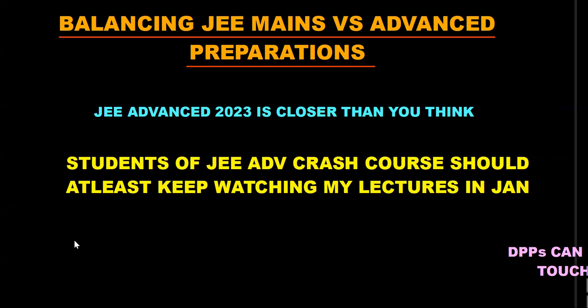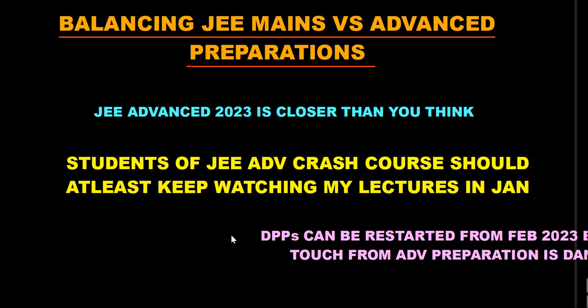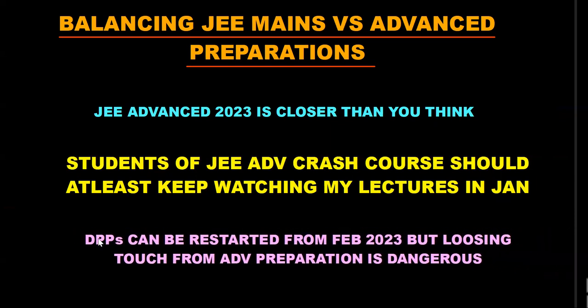The DPP part, if you are not finding time because you are preparing for Mains, can be restarted from February 2023. Like I said, I will always be there in the doubts group later also. And the doubts group is so busy, and so beautifully balanced and disciplined, which is the most important thing. Students ask good questions and good responses come from me and my faculty. That's the best thing about it, and that will continue till JEE Advanced.